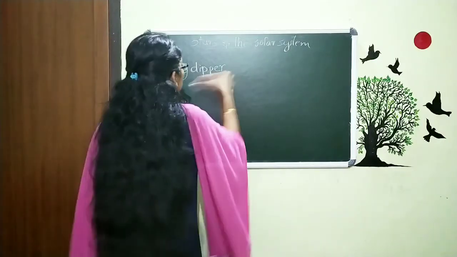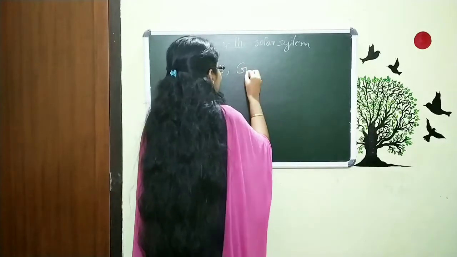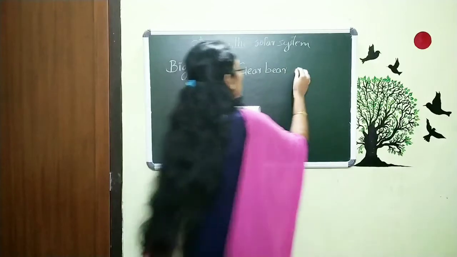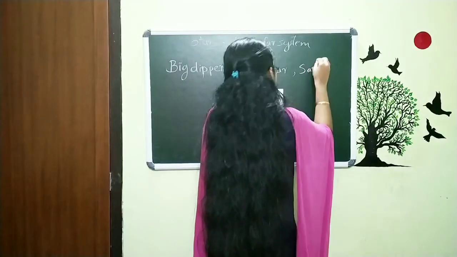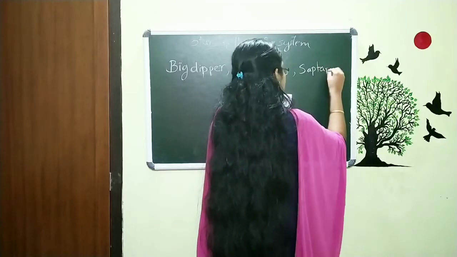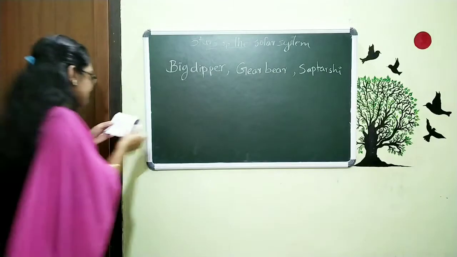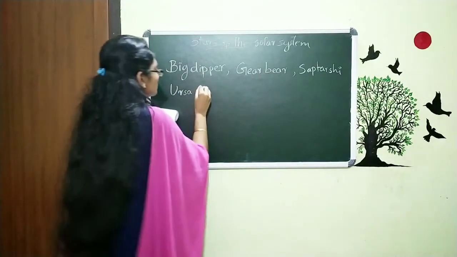That's why it is called Big Dipper or Great Bear or Saptarishi, and it also has another name, Ursa Major.